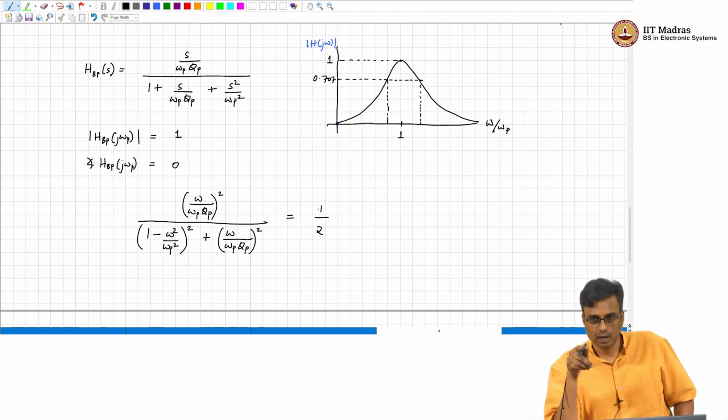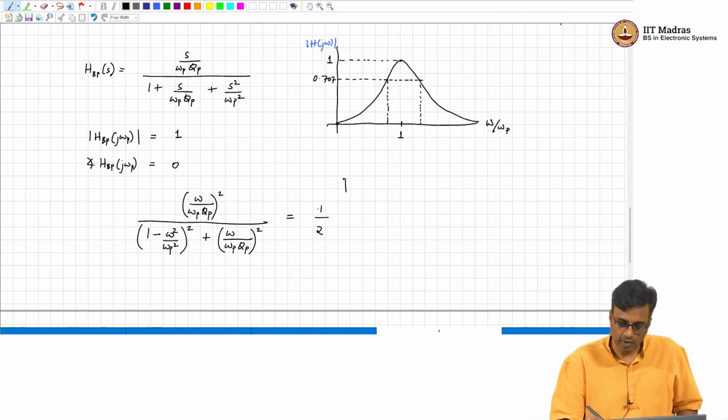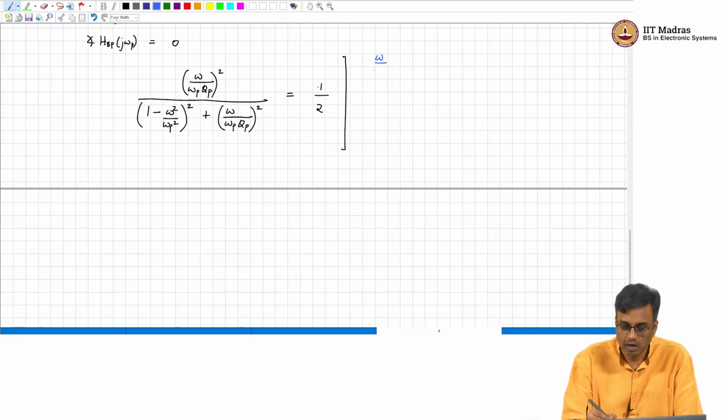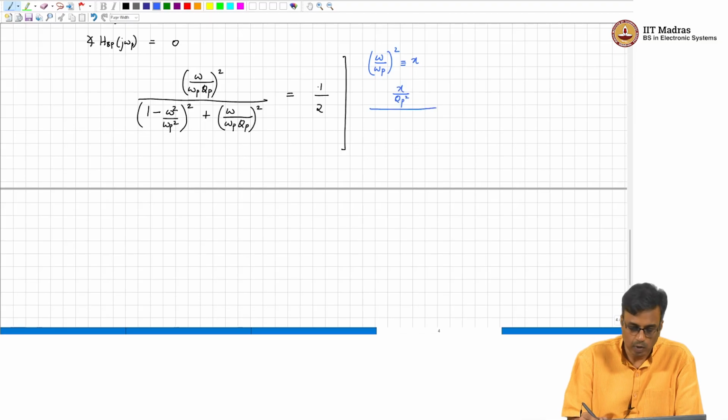Now it's just a matter of algebra. Let omega by omega p whole square be x. Then x by Qp square over 1 minus x whole square plus x over Qp square is 1/2.